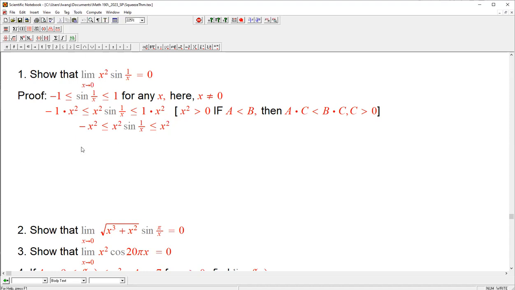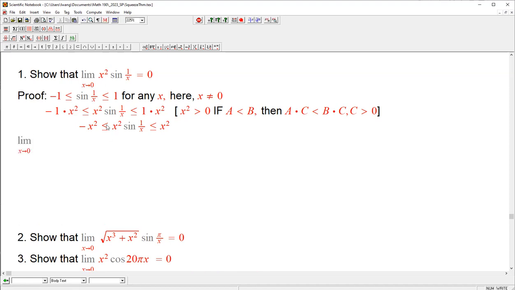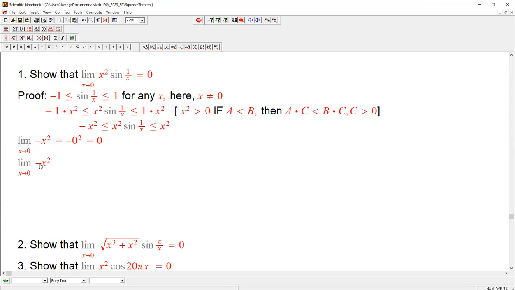We take the limit of the function below, and that's a direct substitution. That's going to be negative 0 squared, and that's going to be 0. And the other one, limit as x approaches 0 of positive x squared, that's going to be 0 squared, and that's 0 again.